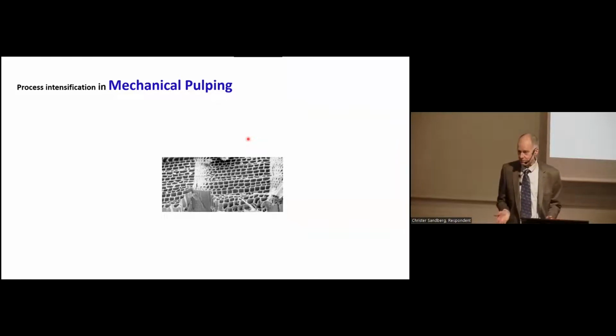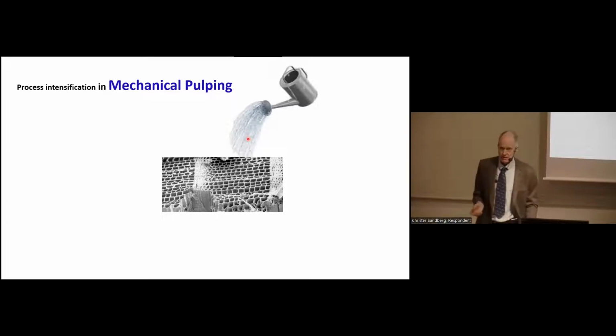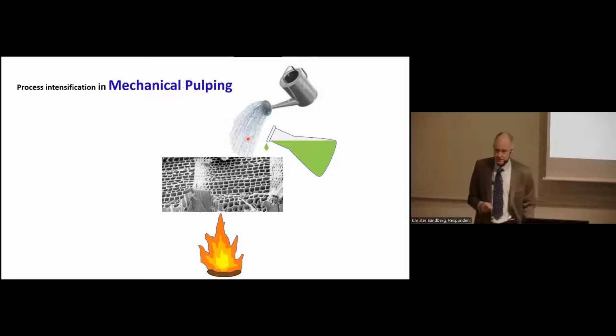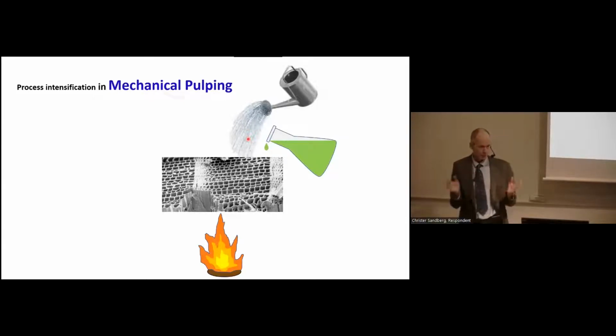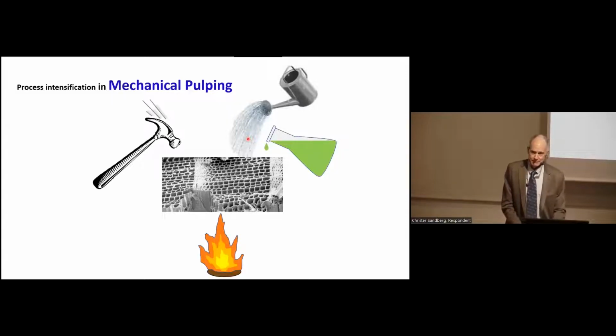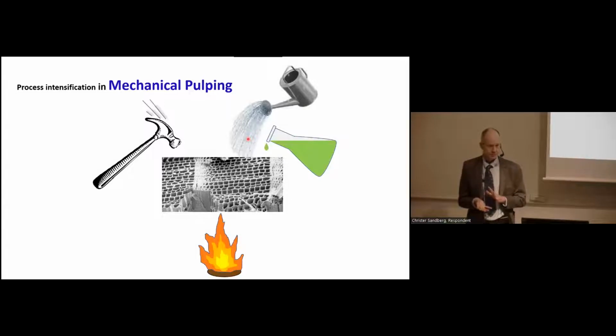It's actually fairly simple. You take a piece of wood, in this case spruce. You make sure that it is moist enough with some water. You heat it up. You can add some chemicals, but just a drop, because if you add more, then it's chemical pulp. But we sometimes use small amounts of chemicals. And finally, you apply mechanical energy.